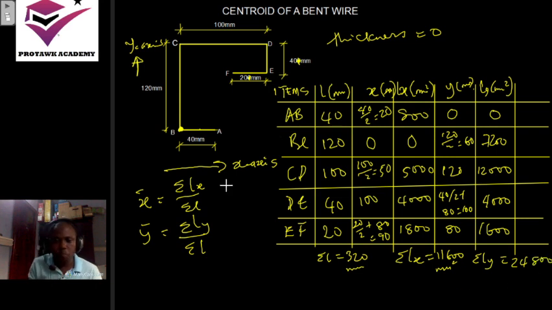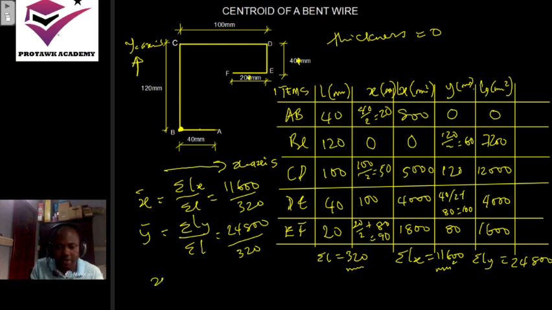So what we have is 24,800. Here our summation of lx over summation of l will be 11,600 over 320, which is our summation of l, and for ly it is 24,800 over 320.